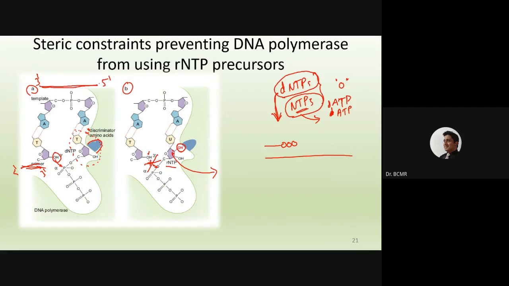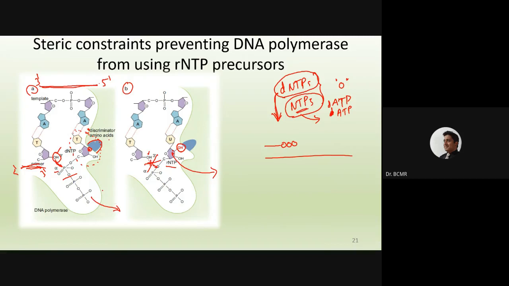If it were just a dNTP, which doesn't have this OH here, then there is no hindrance by the discriminator amino acids. Therefore, the 3' OH would be activated to make a nucleophilic attack at the alpha phosphate, and then the beta and gamma phosphates are released. I hope you understood.